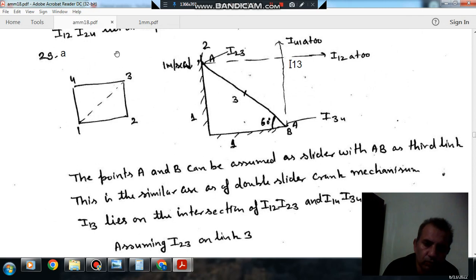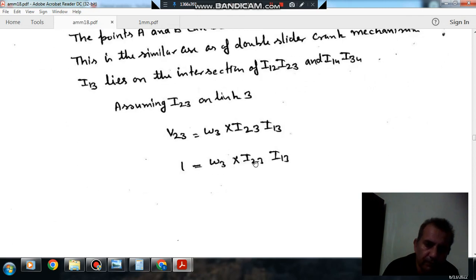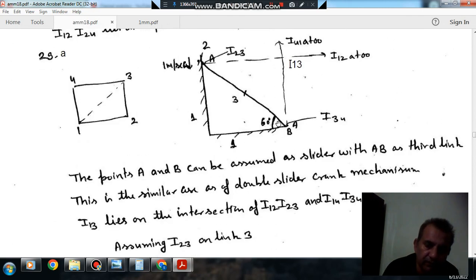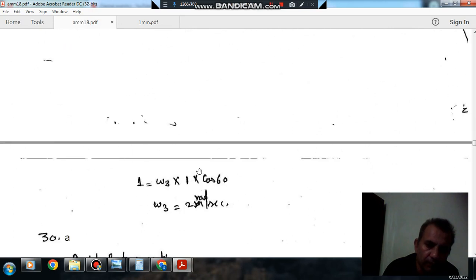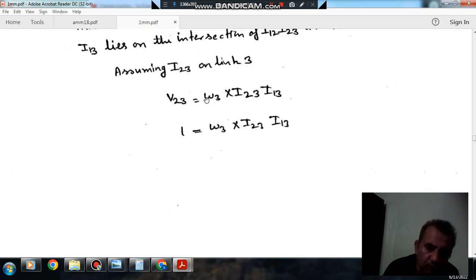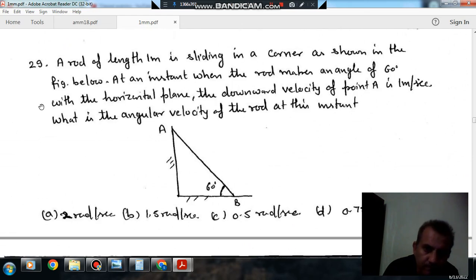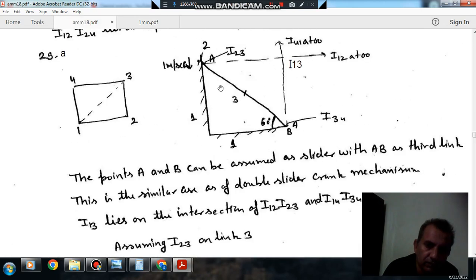Okay. So this is your 1 meter per second, and if this distance is L, then this rod is given as 1 meter, so the length is 1 meter. So this distance can be found out. This angle is 60 degrees, this angle is 30 degrees, and this angle is again 60 degrees.